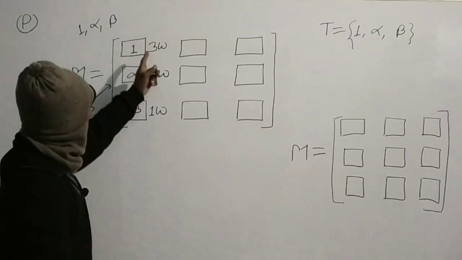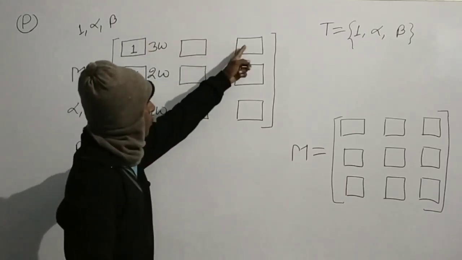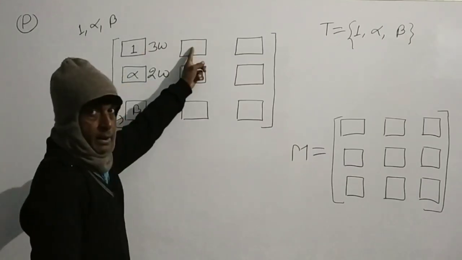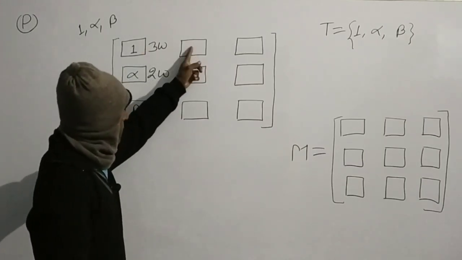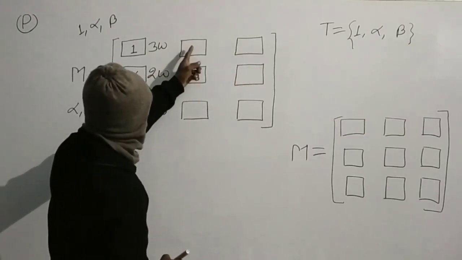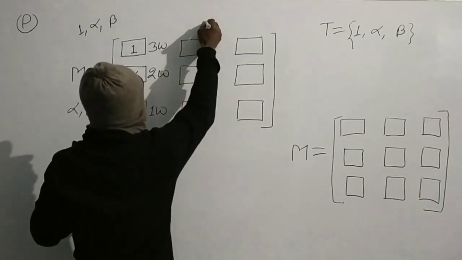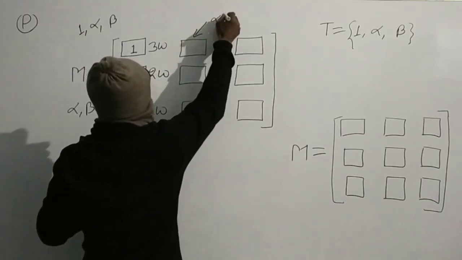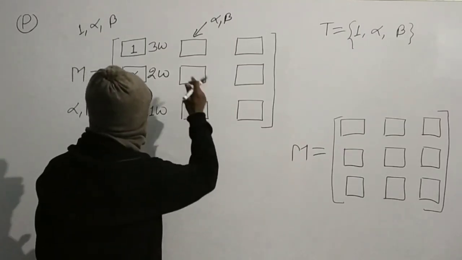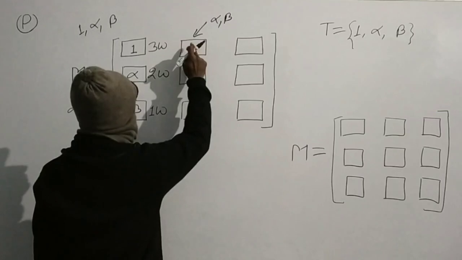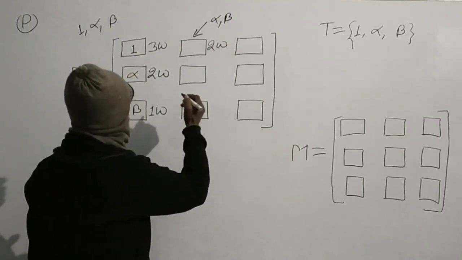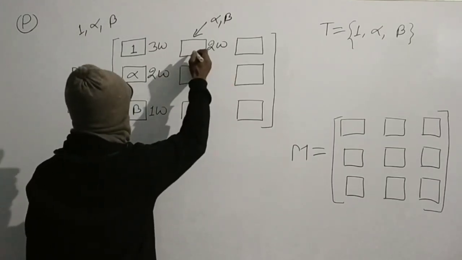Now, the sum of elements in this row should be 0. Therefore, 1 cannot be put here or here. That means this place can be filled by any one of alpha and beta. That means there are 2 ways to fill up this place. Suppose we fill this place in any one way by alpha.